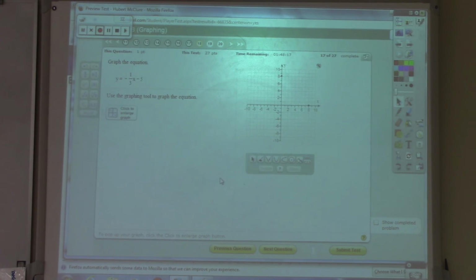I would use point slope. So what's our y-intercept? 0, -5. And we know that it's going which way? Left to right down. So I'm going to draw a little gray line.